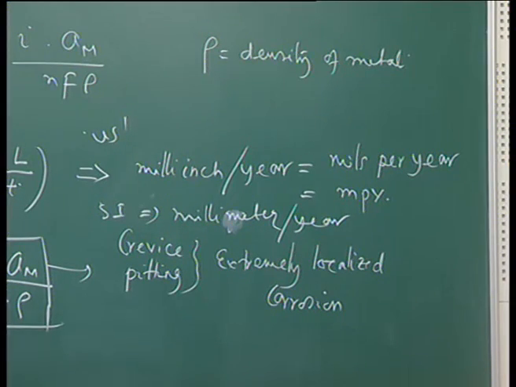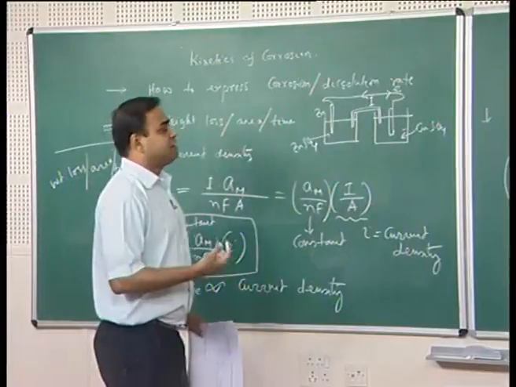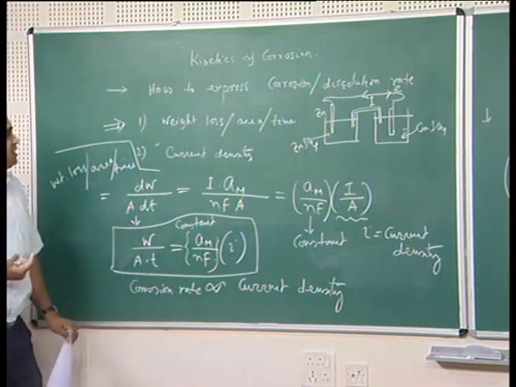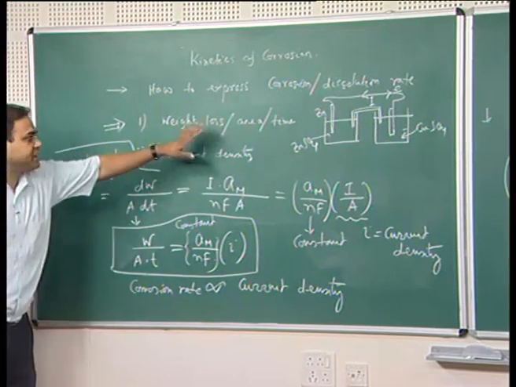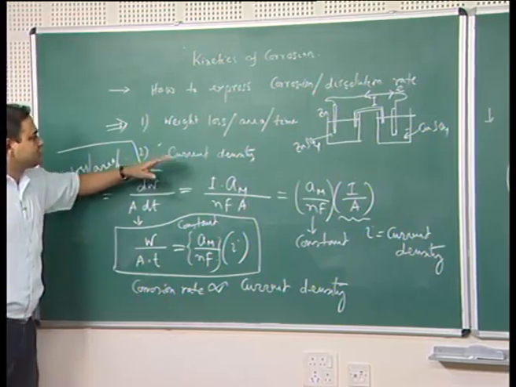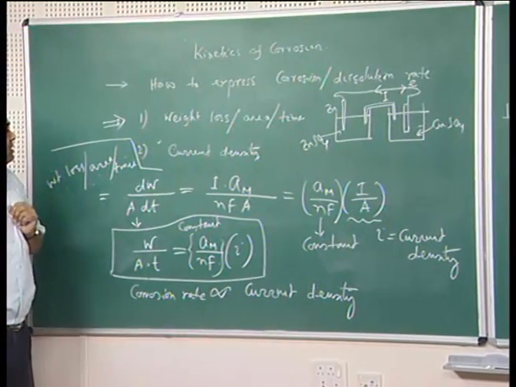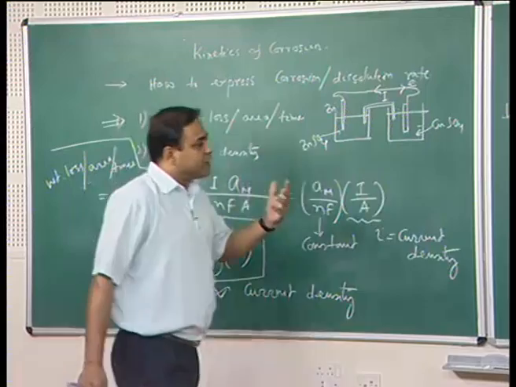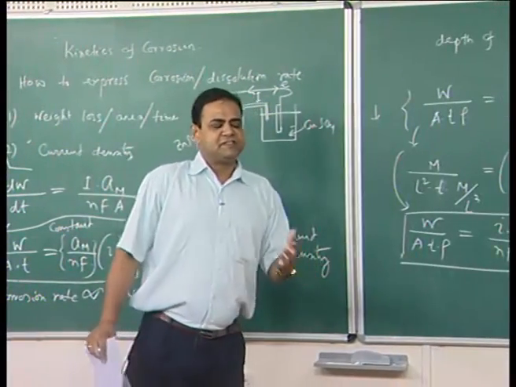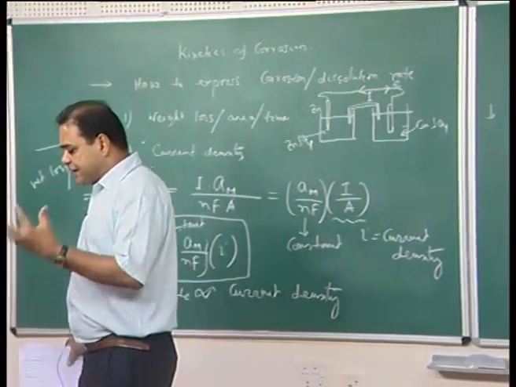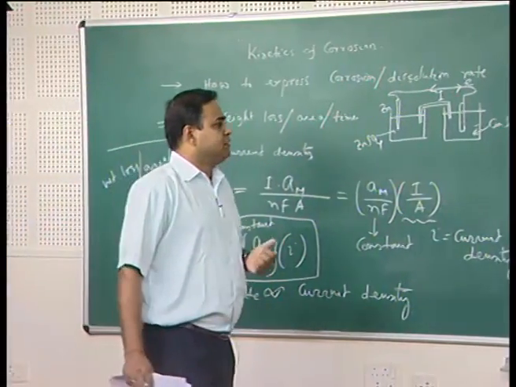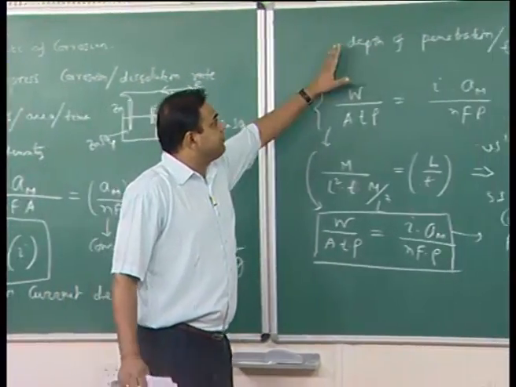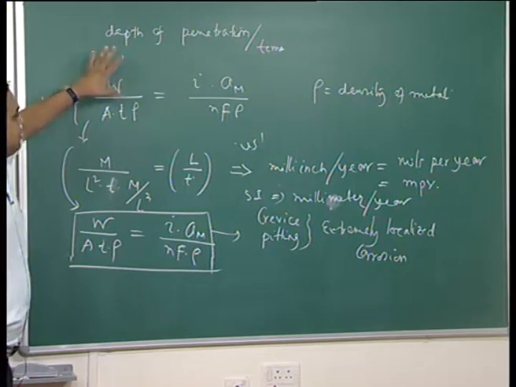So, now we know that we can express the rate of corrosion in the form of metal loss per unit area per unit time. We can also do it in the form of current density. We can also use the unit MDD, which is milligram per decimeter squared per day. We can use the unit for depth of penetration.